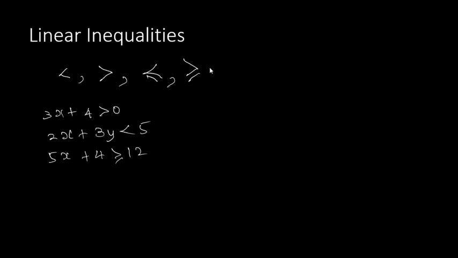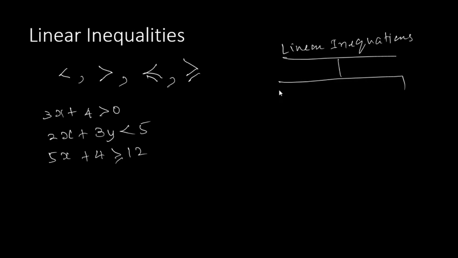The linear inequations with one variable and linear inequations with two variables. So these are the two classes. Linear inequations can be classified into linear inequation with one variable and linear inequation with two variables.